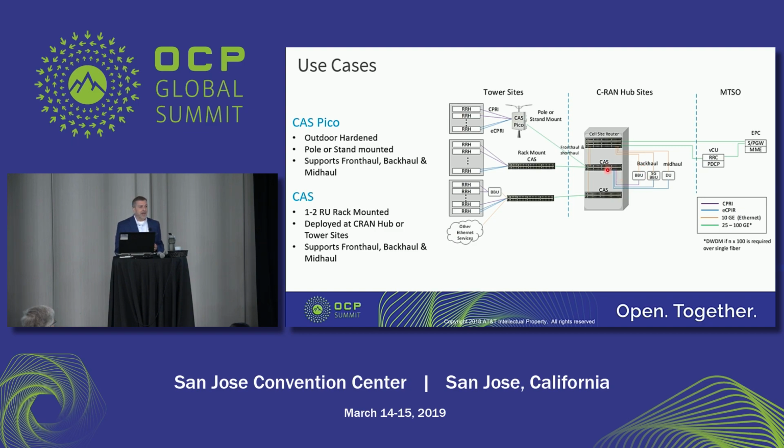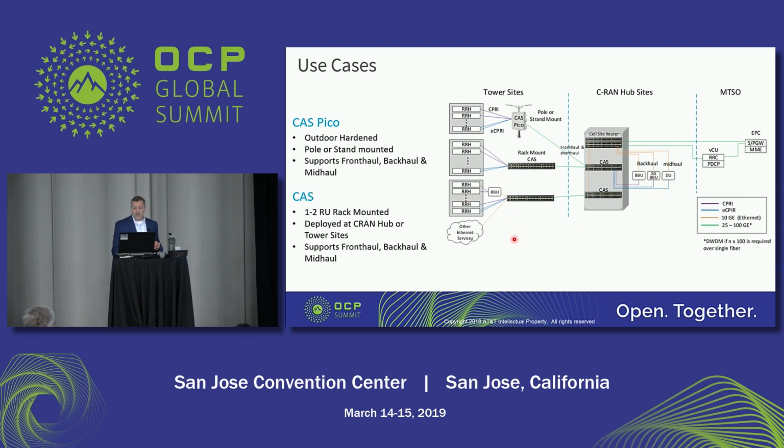Subtended off the CAS, we would have the BBUs, 5G BBUs, and eventually the DUs. In AT&T's case, we then would connect those DUs back to what we call a SIAD or cell site router, which is also an OCP design, by the way.